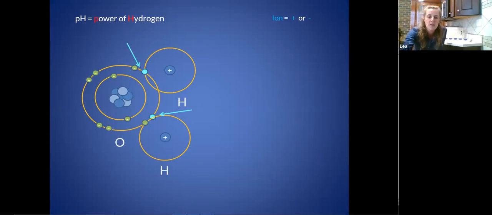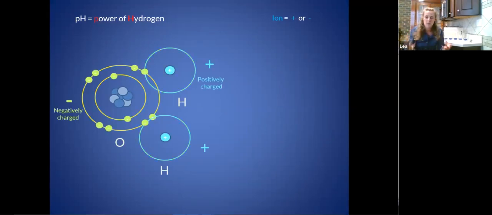When they form the molecule water, all the electrons gather together on the oxygen side and make the oxygen side of the water slightly negatively charged. That leaves our hydrogen, which has the proton in the middle, in its nucleus. That positively charged particle is going to make the hydrogen sides more positively charged.